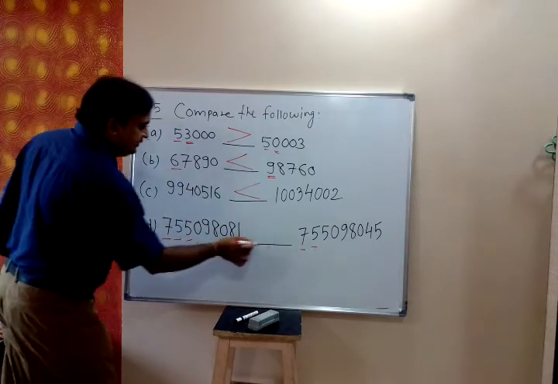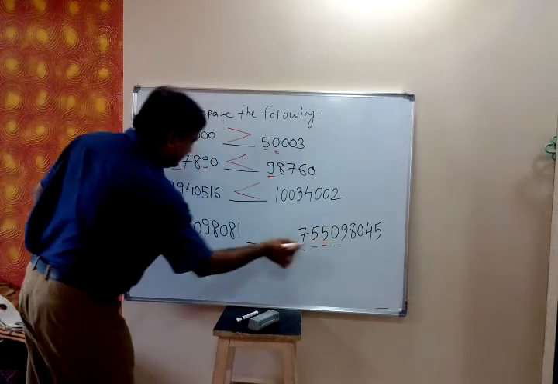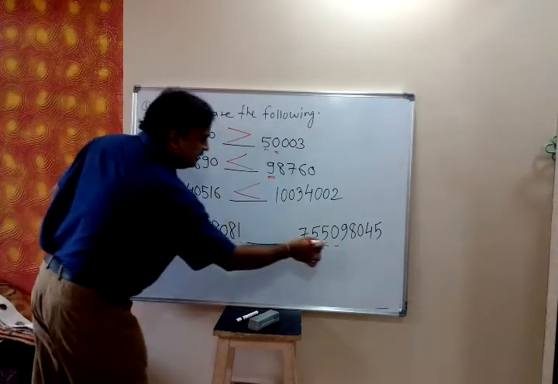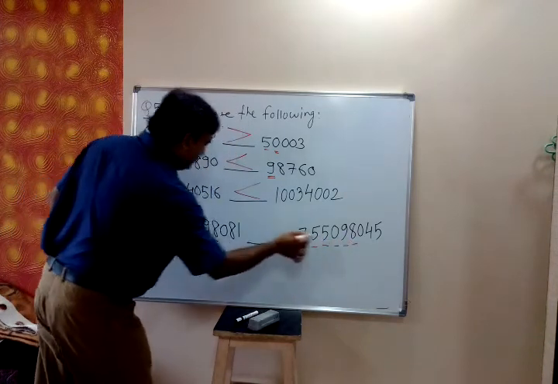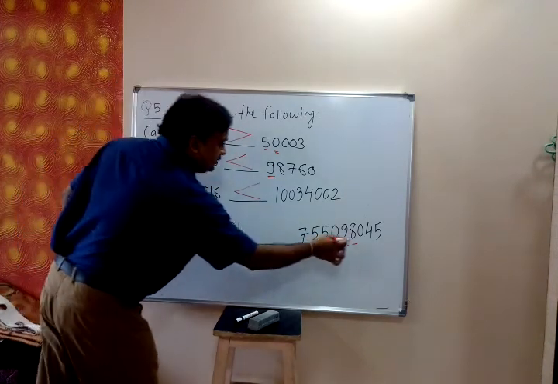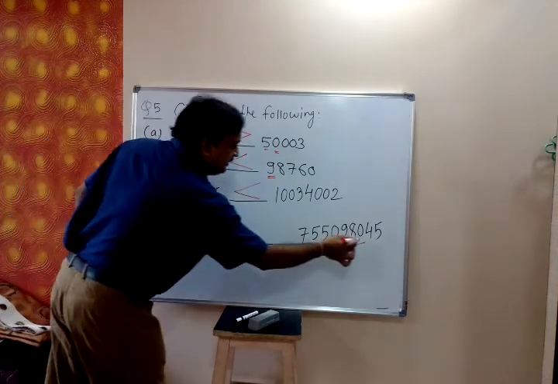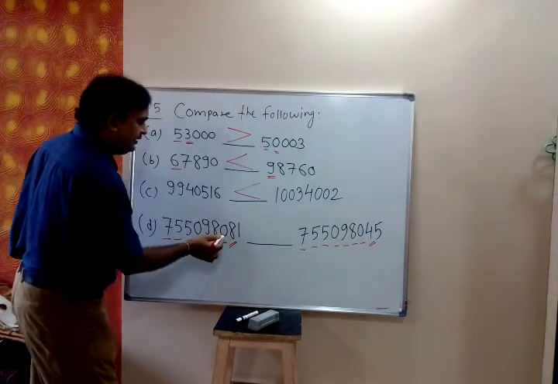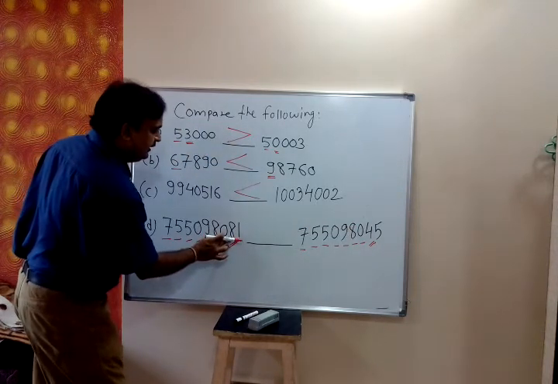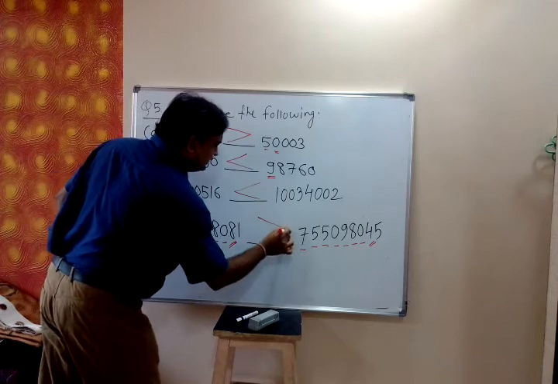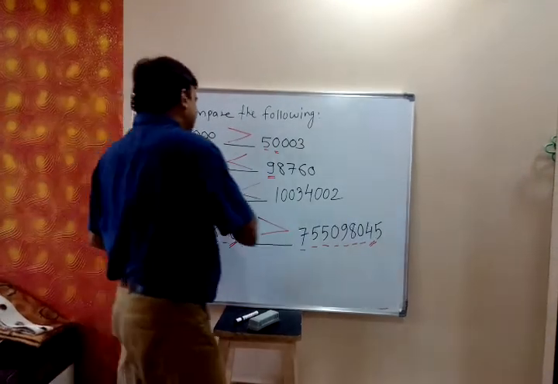Then 5, 5 equal. Then 0, 0 equal. Then 9, 9 equal. Then 8, 8 equal. Then 0, 0 equal. Then we have 8 and then we have 4. Now which is greater, 8 or 4? 8 is greater. So arrow will be this side.